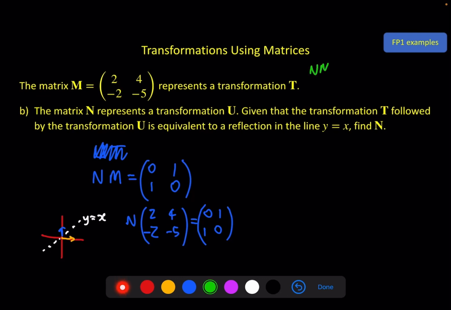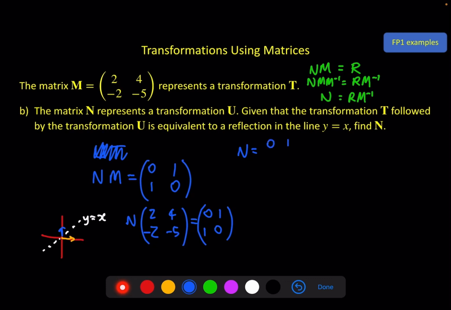Remember our algebra. Let me call this combination matrix R. Then to get rid of M on the left, I need the inverse of M on the right of the expression. And that becomes an I, so times that by N is just N. So R times the inverse of M, not the inverse of M times R. And if I can remember what the inverse of M was, we've just got a multiplication and then we're done.